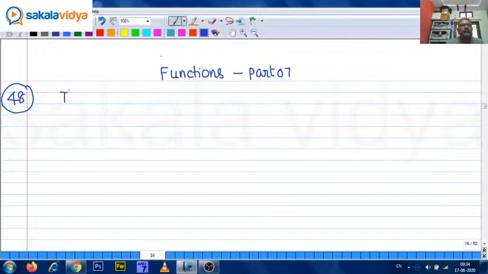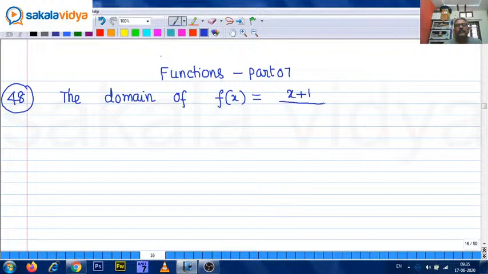Find the domain of f of x equals x plus 1 over root of x square minus 5x plus 6. This is the question.